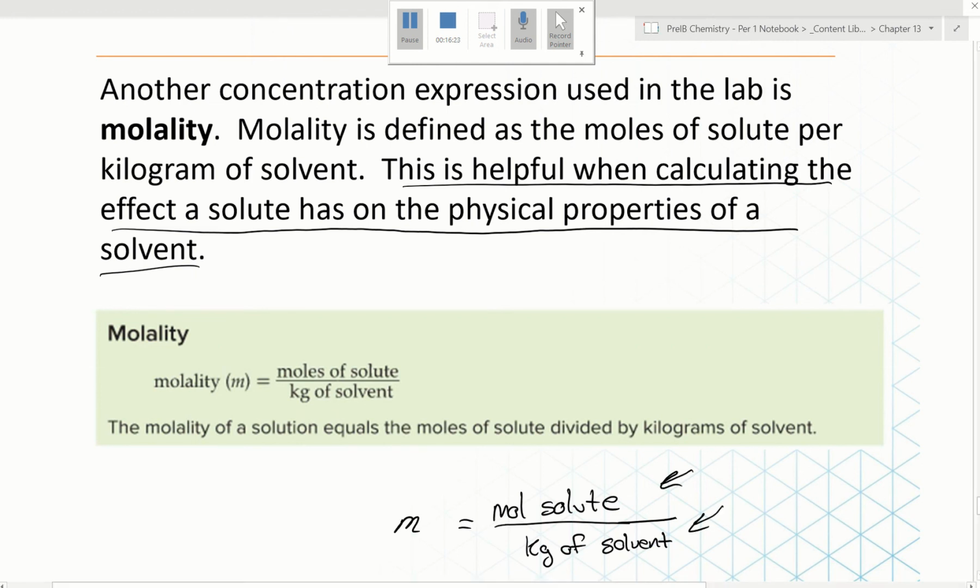The mass of the ice is, we're going to say, the kilograms of the solvent, and we can actually calculate how cold that ice will get with salt in it. And water will get very, very cold, way below freezing, if you add a solute to it. So that's essentially what we will be doing. That's going to be lesson 4, I believe.